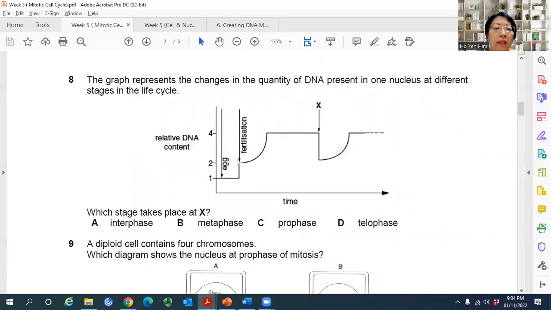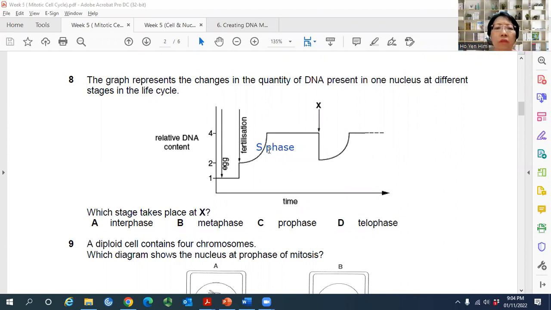And then fertilization, where the egg and sperm fuse, then we get the zygote, and then you can see that the DNA content becomes double during the S phase of interphase, because the cell already becomes a zygote, and then it undergoes the cell cycle.